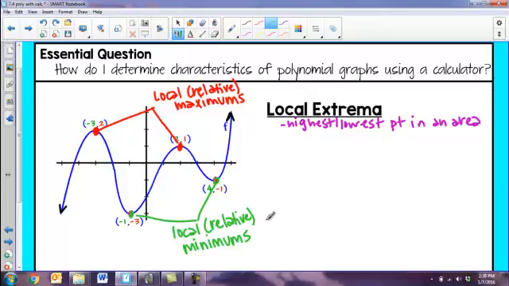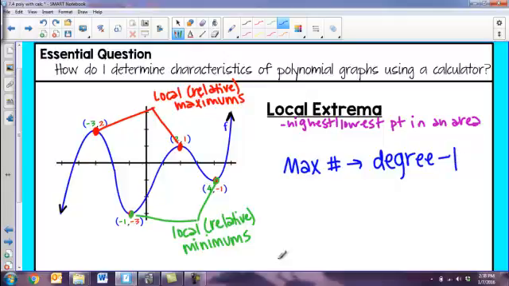The other thing that's interesting about local extrema is that if you know the number of little turning points that you have, the max number of those extrema is going to be the degree of your polynomial minus 1. So, for example, if you had the polynomial 3x^5 - 3x^2 + 2x plus some other stuff, whatever, I would look at this and I would know that the degree of this guy is 5 because that's the biggest exponent.